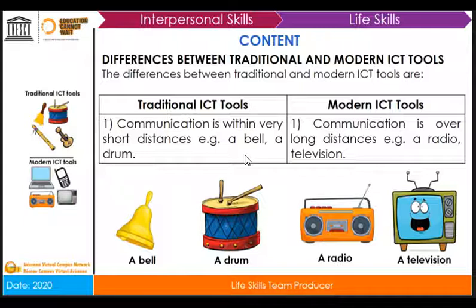The next image is a radio, and the last, a television. A radio and a television are examples of modern ICT tools that help you to communicate over long distances.